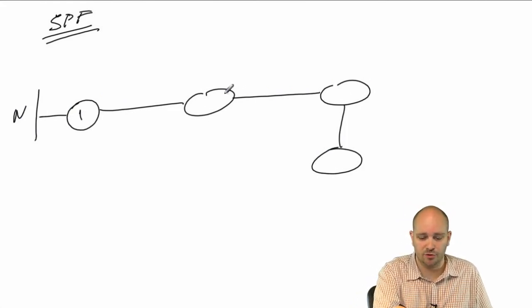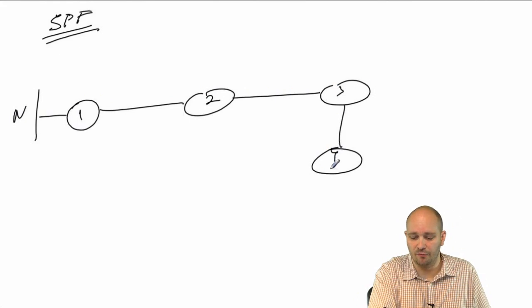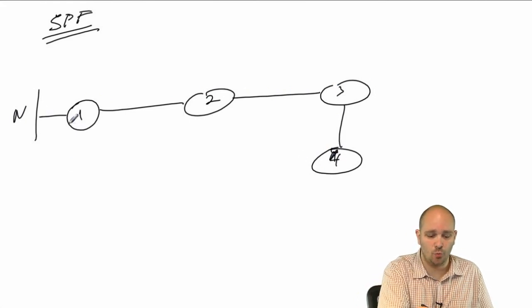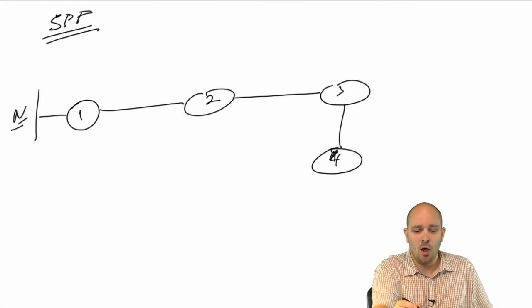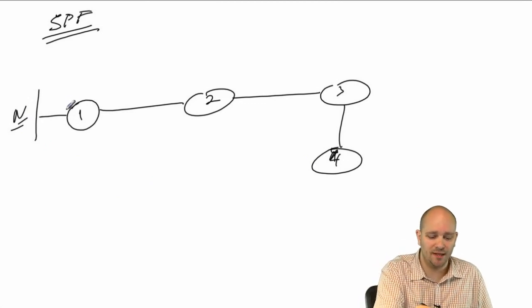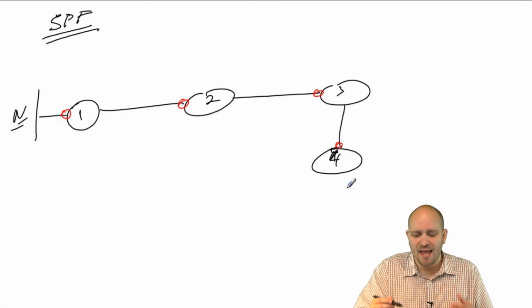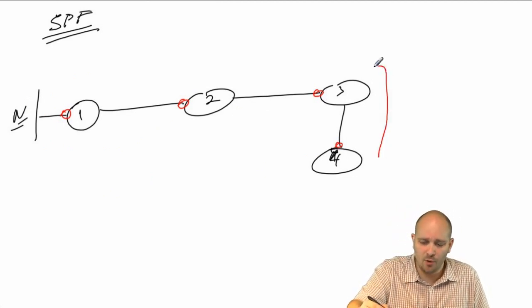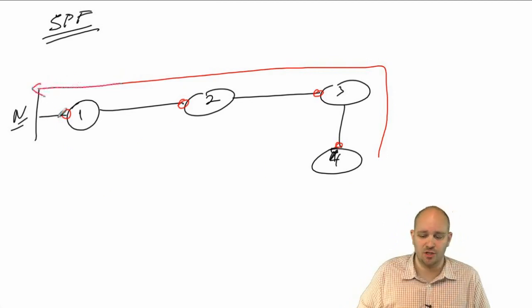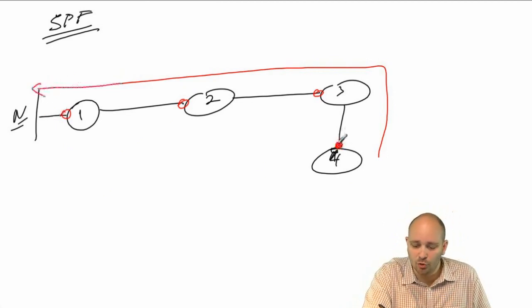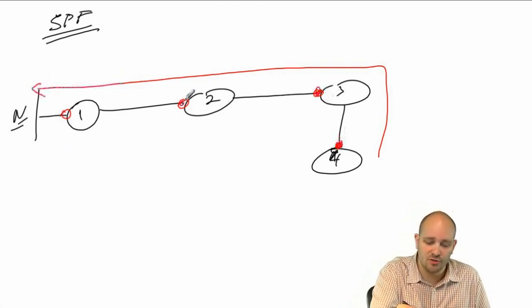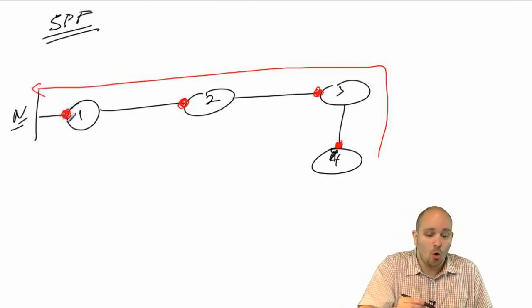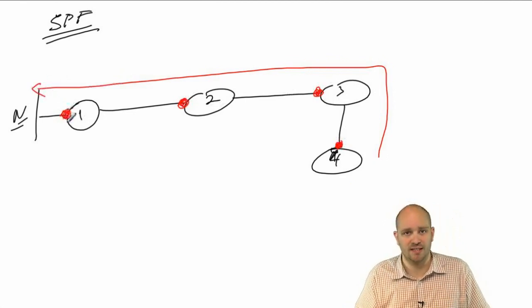Let's say that we have routers 1, 2, 3, and 4, and behind router 1 we have some network N. What we would look at is the cost on the interfaces that are facing in the direction where our traffic would follow. So if we wanted to send the traffic in this direction, we would look at the outgoing interfaces on all of these routers, and at what the cost is going to be on these interfaces.